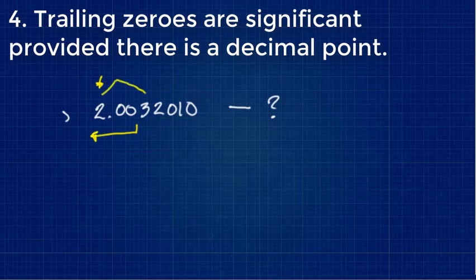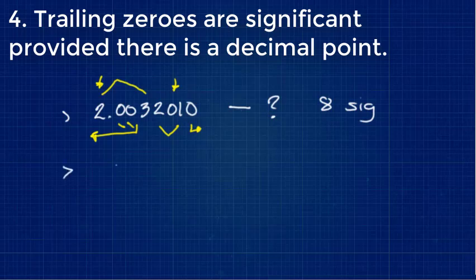There is the number 2, which makes the zeros in between 2 and 3 significant. Now let's look. This 0 is in between the digits 2 and 1. This makes it significant. And there's a trailing 0, which also makes it significant. Now, let's count how many significant figures there are. There are 7 significant figures.